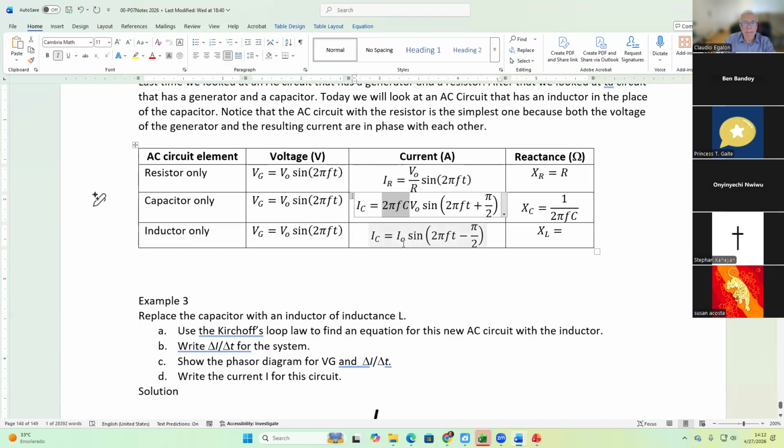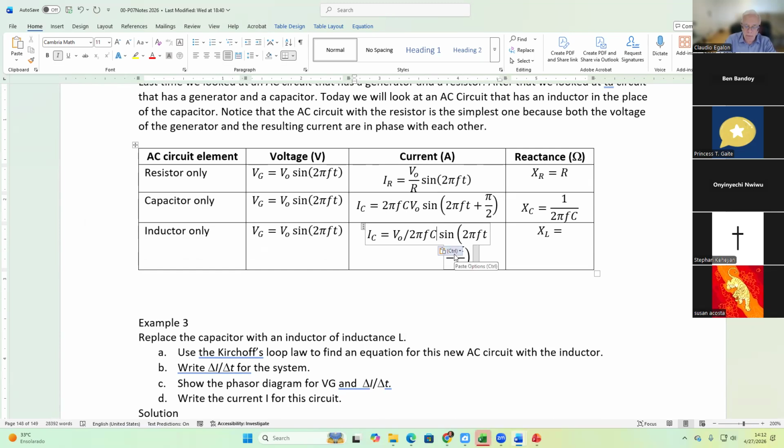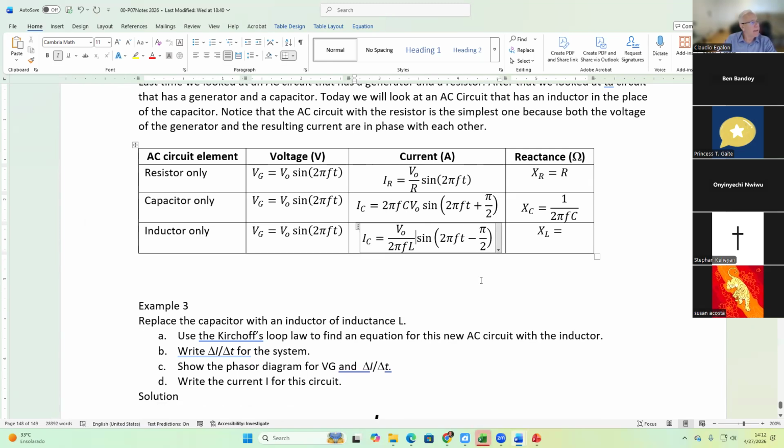And then the I naught is going to be V naught over 2 pi F L, like that.